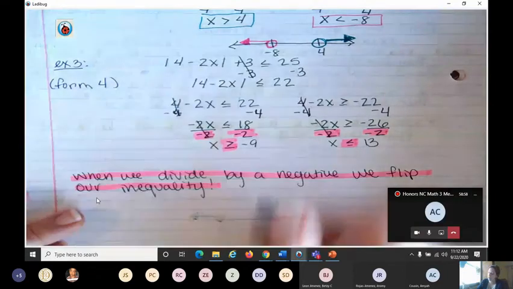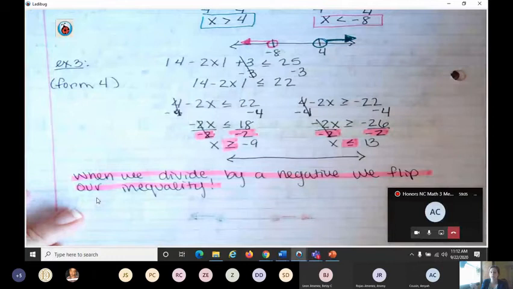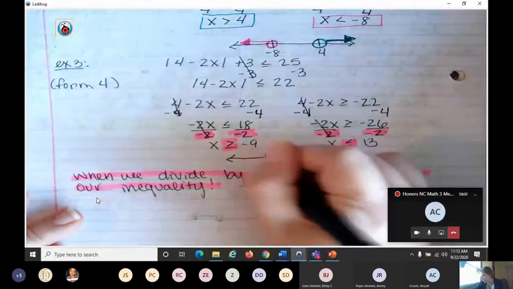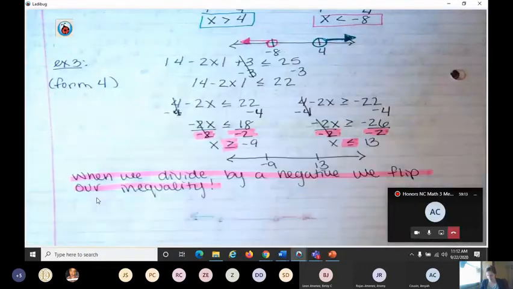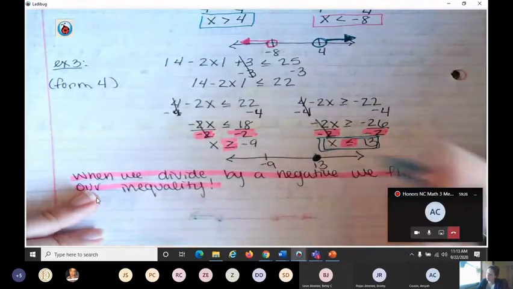So now I'm going to write this out on a number line so we can see what our answer range is going to actually look like. -9 is the smaller number, positive 13 is the bigger number. I'm going to do it just like we did the others. We have 13, and it's going to be a closed circle, and we want values less than or equal to.